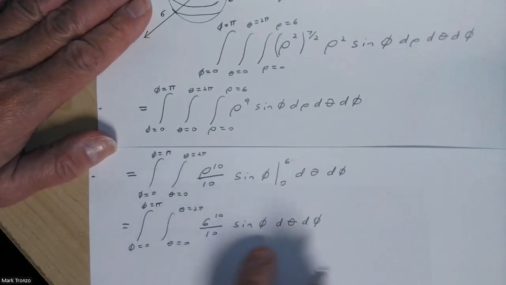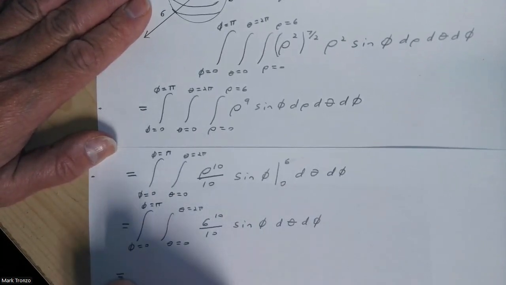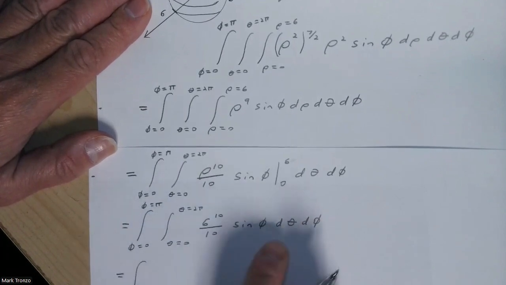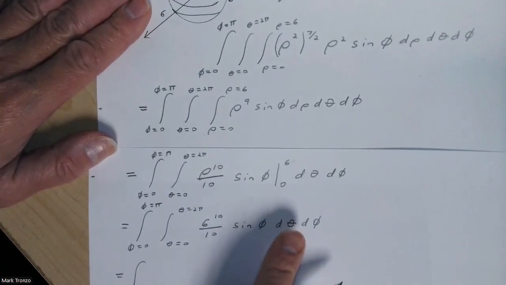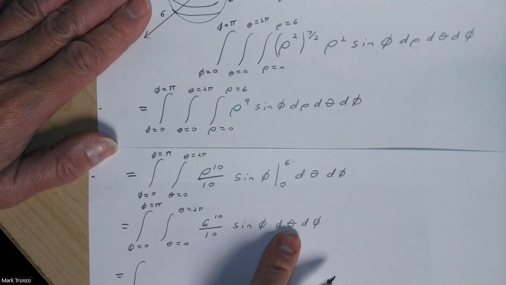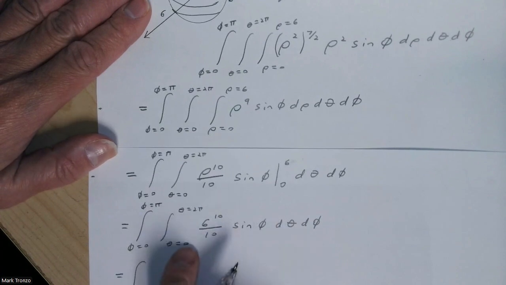And now we'll integrate with respect to theta. And when we do that, you can see that's just going to give you theta from 0 to 2 pi, so I'll sort of skip that step. So we'll get theta back here, and then 0 to 2 pi.